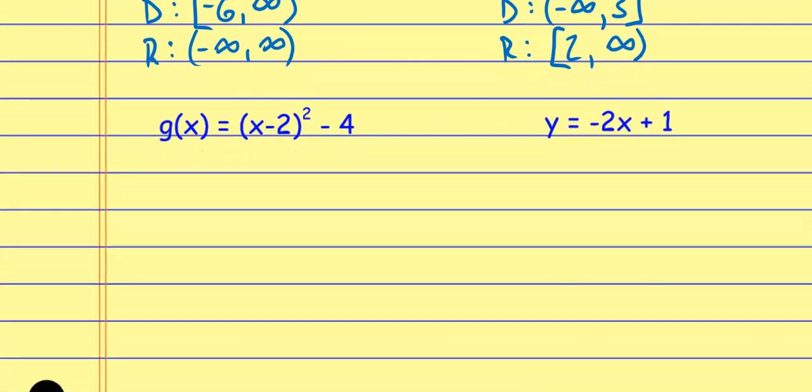If I look at something like this guy, I don't have the graph drawn, but I understand what the graph looks like. And I don't need an in-depth graph of this thing, all right? I understand right away when I look at this, this is a parabola. It's got a vertex. So the vertex on this one is (2, -4). And it opens up because the a value right here is a 1. And so if I just think about a quick sketch of this graph, (2, -4) is down here, and it opens up.